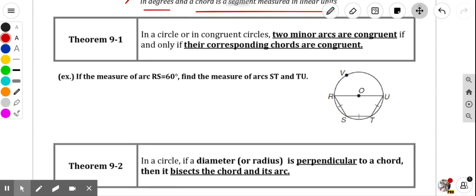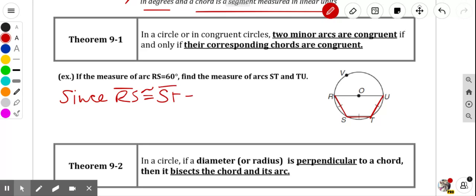So here's the first one. It says, in a circle or in congruent circles, two minor arcs are congruent if and only if their corresponding chords are congruent. So see in this picture here how RS is congruent to ST is congruent to TU. Those are all chords. So since segment RS is congruent to segment ST and is congruent to segment TU, that would mean that the arcs are congruent.